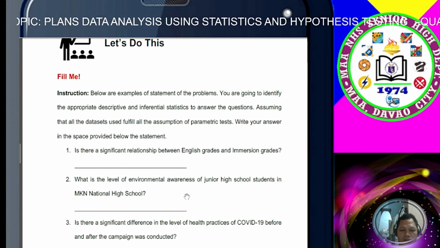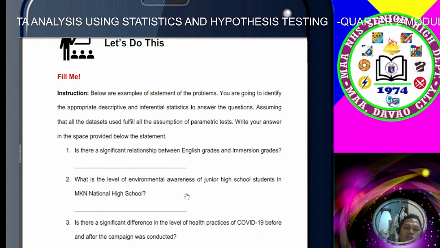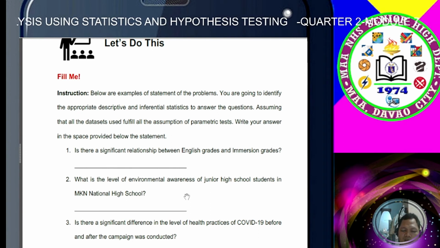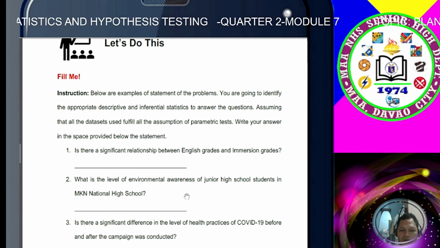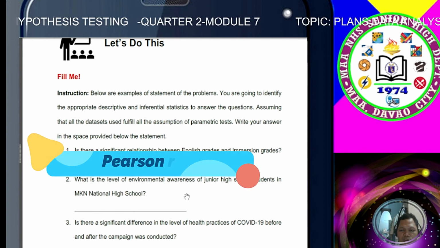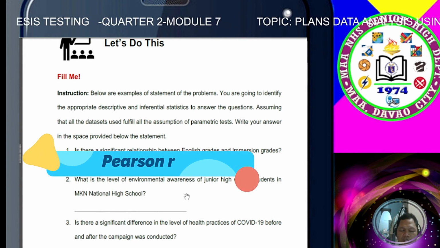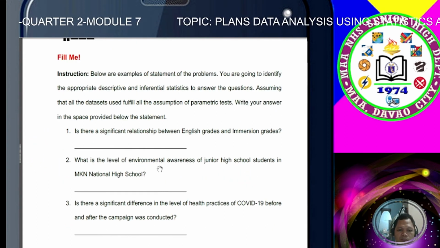So what do you think? What statistical tool will you use here? What's your answer? We'll use the Pearson product or Pearson R, because it deals with a significant relationship.